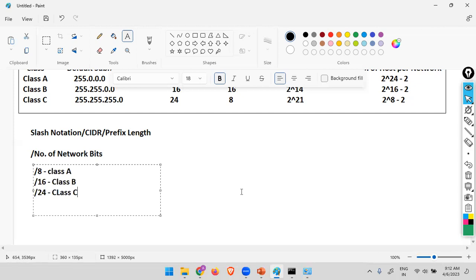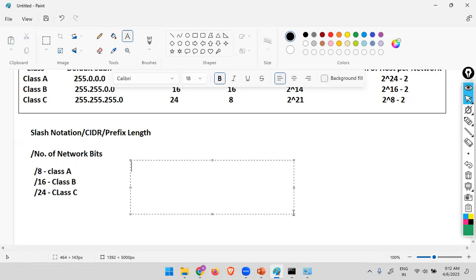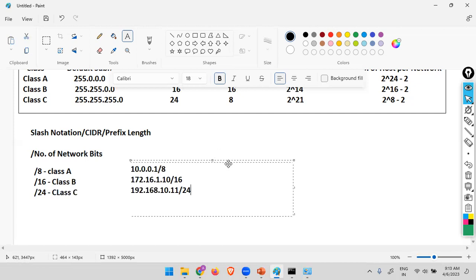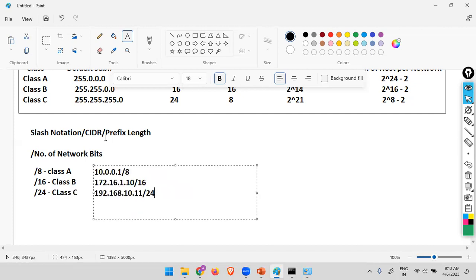So how will the IP addresses look with the subnet mask? They will look like, let's say, 10.0.0.1 slash 8. You will see 172.16.1.10 slash 16. You will see 192.168.10.1 slash 24. Just by looking at this slash value, you must come to know that these many network bits are there. So this is also sometimes known as slash notation, CIDR or prefix length.